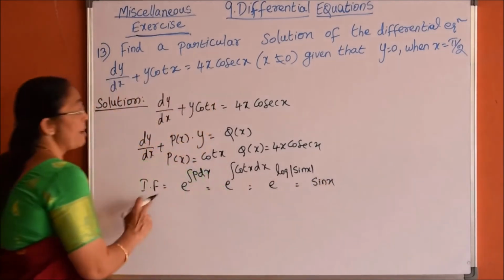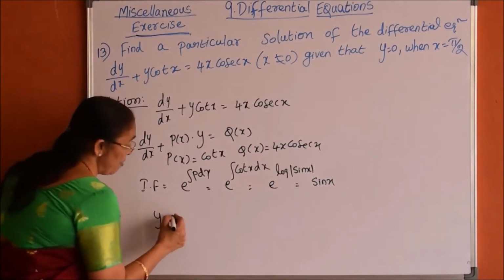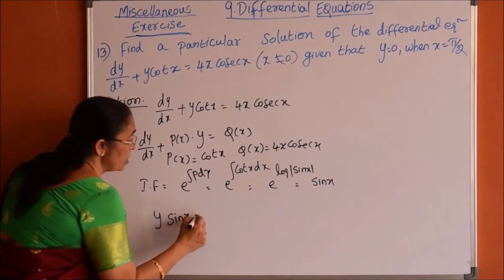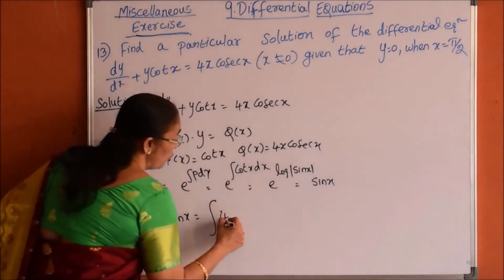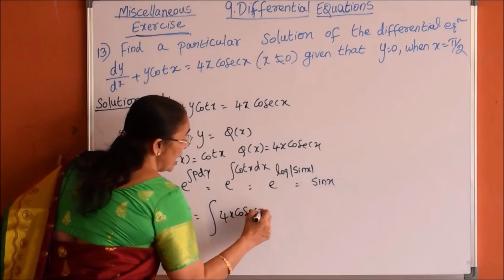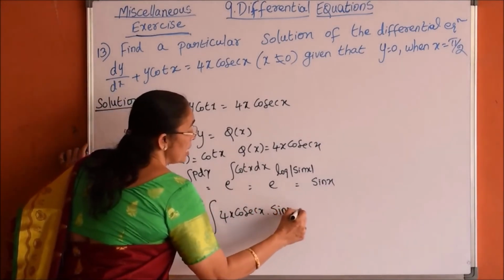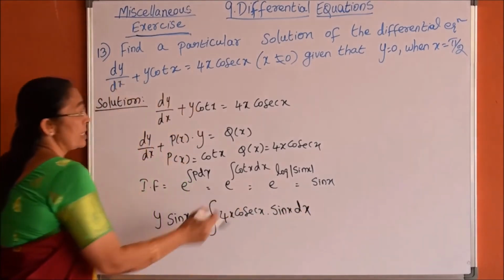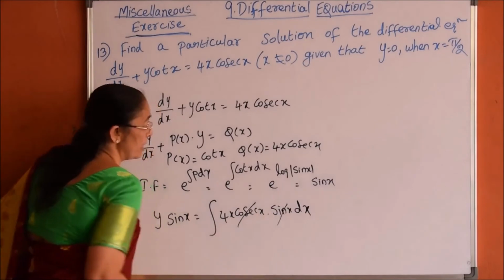So our integrating factor is sin x. Now the solution: y into the integrating factor, y sin x, is equal to integration of q of x, 4x cosecant x, into the integrating factor sin x, dx. Cosecant x is 1 by sin x, so cosecant x and sin x will get cancelled.